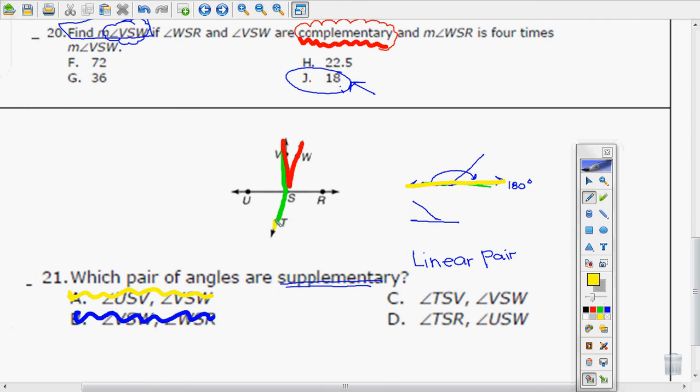Both of these angles are formed from opposite rays with an adjacent side. So that makes these a perfect example of a linear pair. And hopefully you remember that if two angles are a linear pair, then they are supplementary.